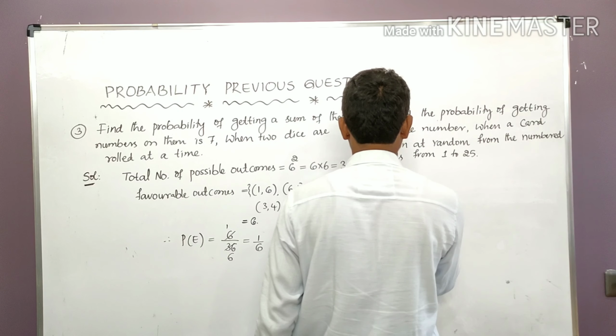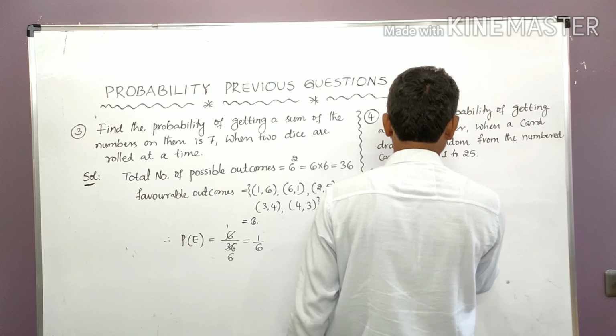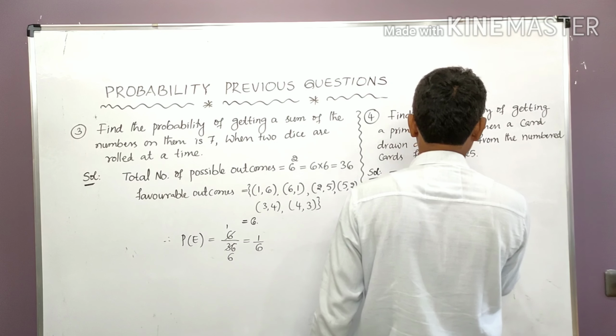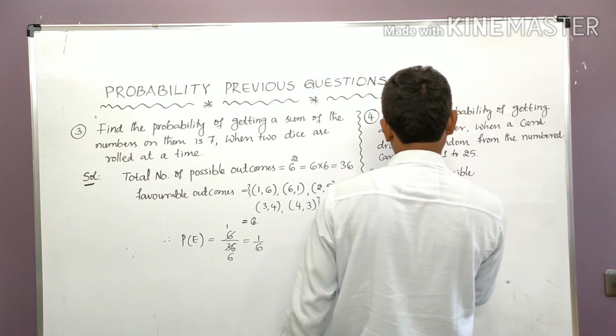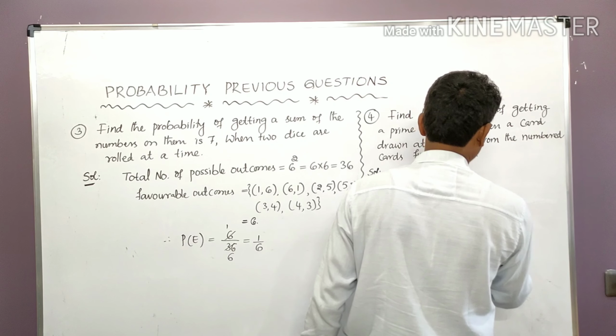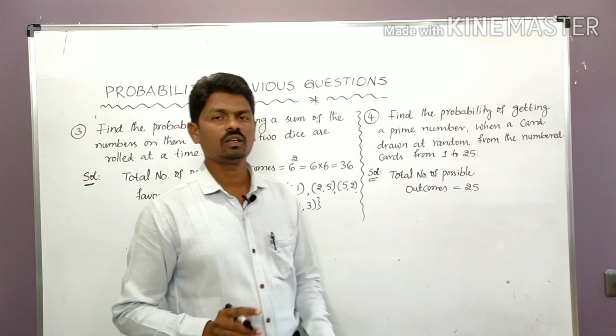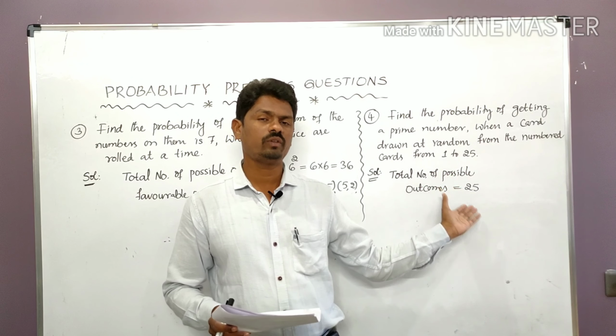So that we have to write first. Solution, how can we write? Total number of possible outcomes equal to 25. So there are 25 cards here numbered from 1 to 25. Therefore total number of possible outcomes also 25.